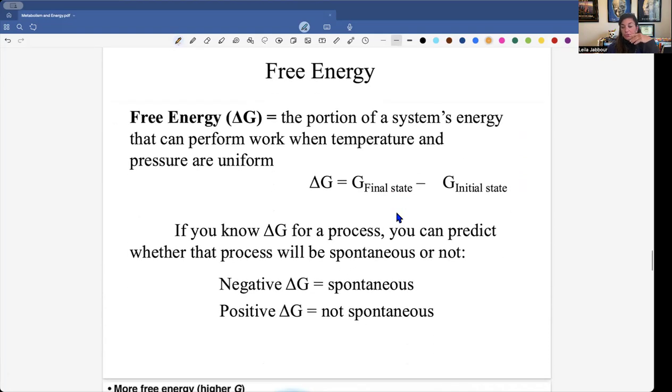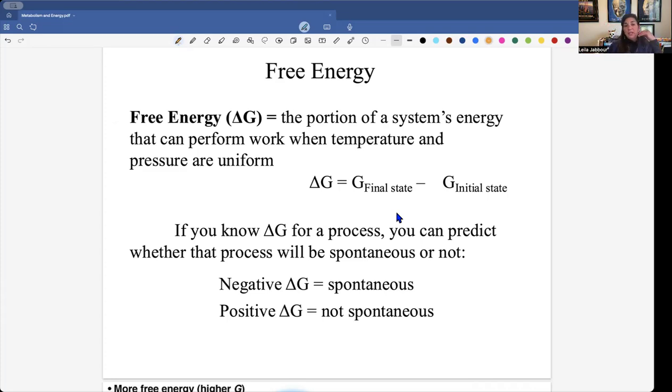So let's talk now about more of the nitty-gritty of how we look at energy. When you see energy, how much is actually available? That's what we call free energy. It's the portion of a system's energy that can perform work when temperature and pressure are uniform. So temperature and pressure are always going to be factors in how this energy is used up.